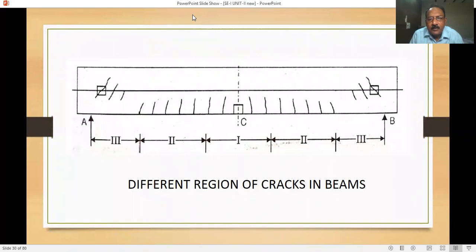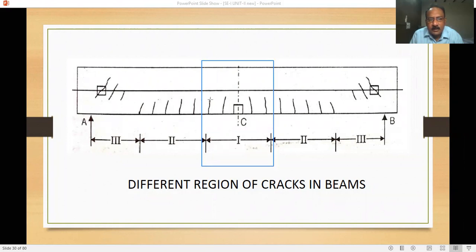If you observe at the center, this zone, it is due to flexural strength. Suppose you do not provide sufficient reinforcement at the bottom as per design requirement.